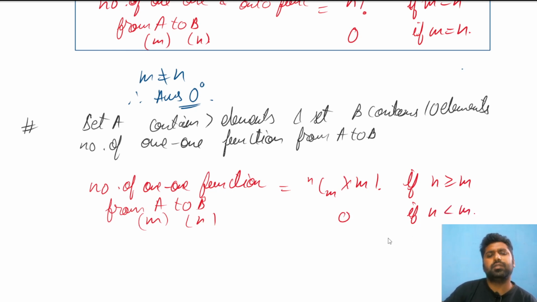Clearly, if the number of elements in set A is more, you will not have any one-one function. If you don't have a one-one function, one-one onto will also be 0. You can see that from the earlier scenario also. So for this, the answer is direct as long as you have this information.